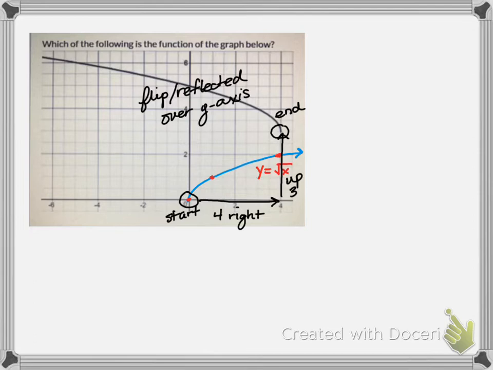So let's look at the first option that they gave us. The first option was y equals the square root of 4 minus x, and then plus 3. Now, right off the bat, students don't have much of a problem here. They realize, okay, I know that this is up 3.